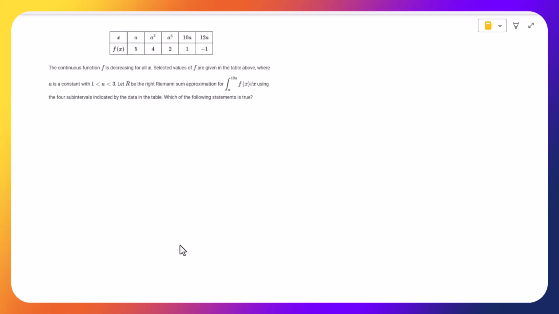So it gives us a table with x values of a, random values of a, and then our function. And it says, very first sentence, continuous and decreasing. Those are 2 really important things to know. It's continuous and it's decreasing.